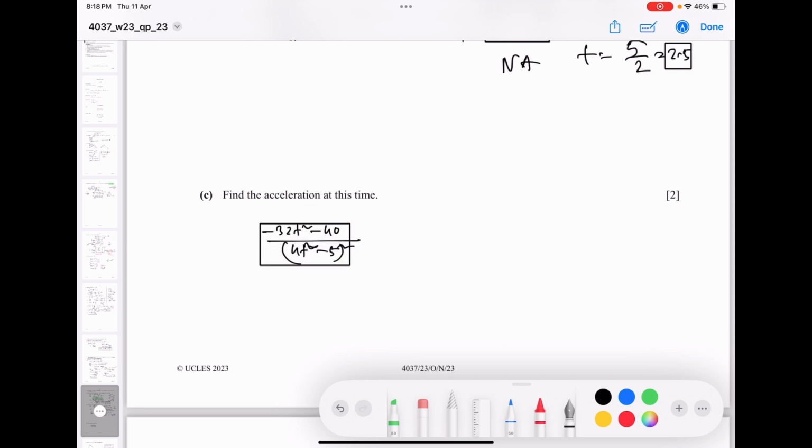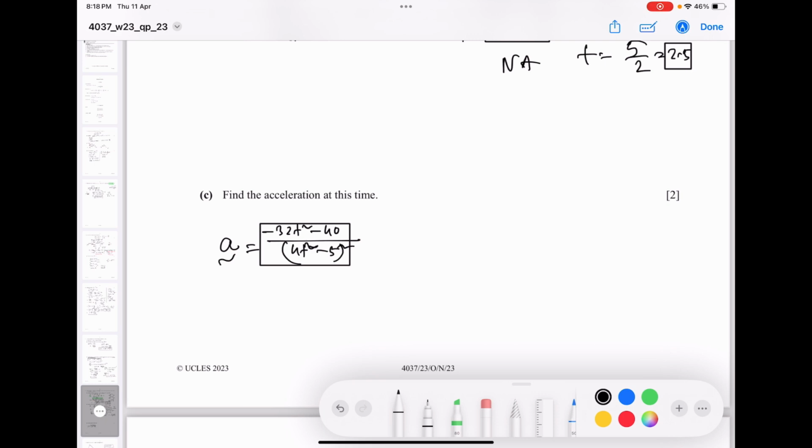So this is the acceleration that I have copied from the top. This is acceleration, and we have got time is 2.5.